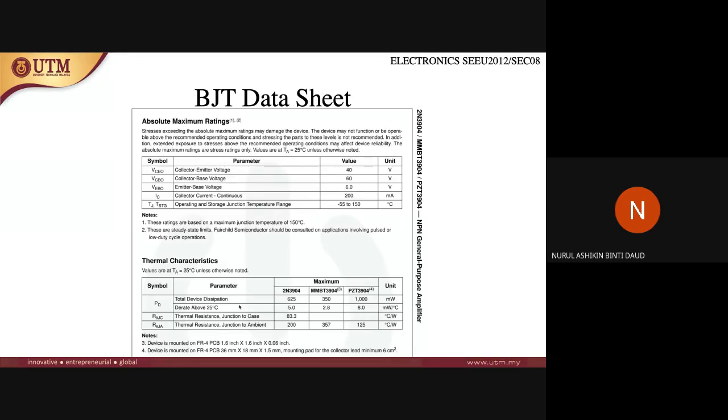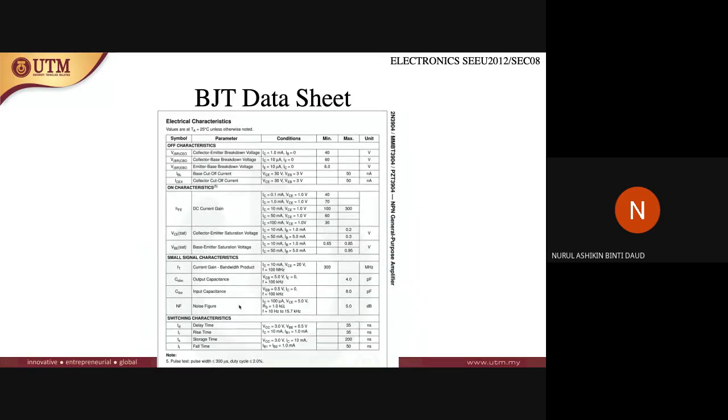I've included the electronics book inside your e-learning website, which I also refer to. I think that book is very good and easy for you to understand. Also, there is extra information given, like the breakdown voltage for each junction and the DC current gain. This is all extra knowledge that you can get from the data sheets.